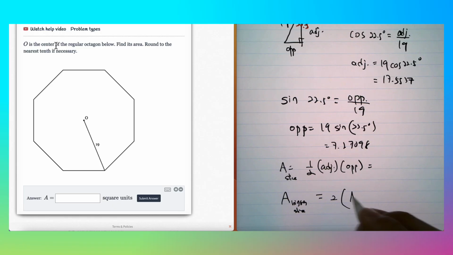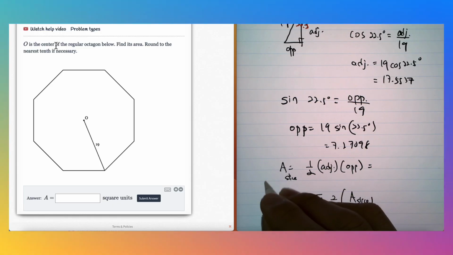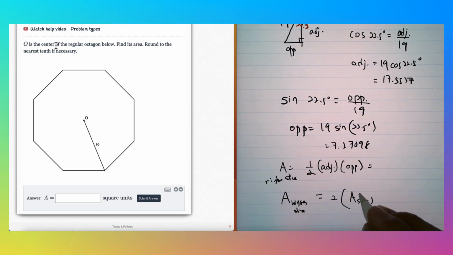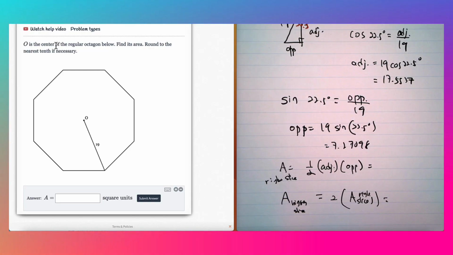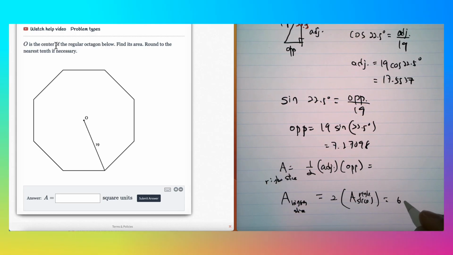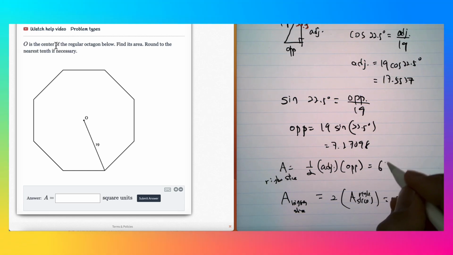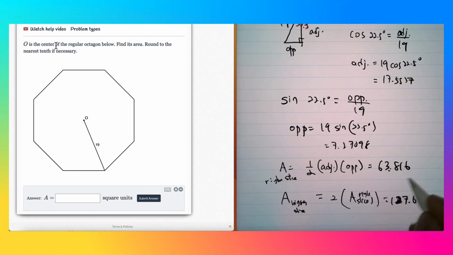So twice the area of a right slice. So that's going to cancel out, and that's what we get here right now: 127.6327. Now that one, if you really want to know, it would have been 63.816 if you need to show work.